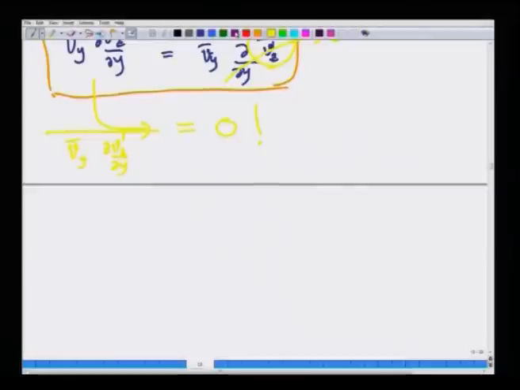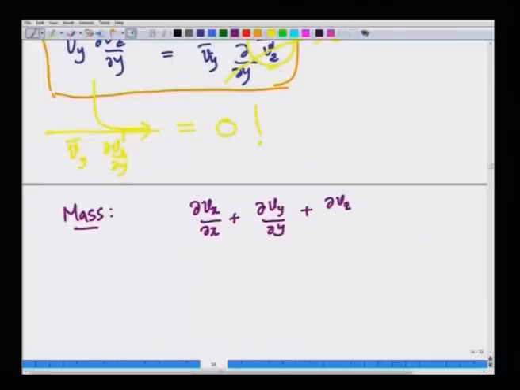Now, I am going to take the mass conservation equation and do a time averaging. The mass conservation equation in Cartesian coordinates, we will stick to Cartesian coordinates for simplicity, is simply this.